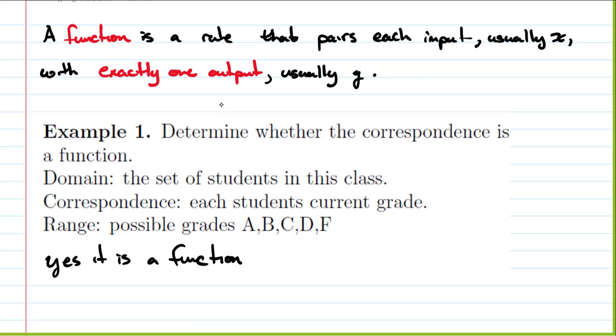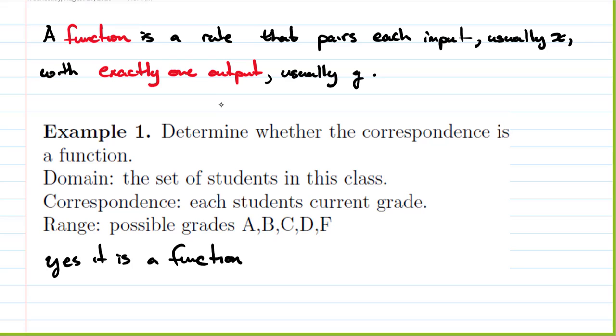This definition often gets confused with the following idea. Is it possible for every student in a class to get an A? Sure, right? Every student can have an A in a class. So our definition doesn't say anything about different inputs having the same output. In fact, it is entirely possible for different inputs to have the same output, or that every input has the same output.